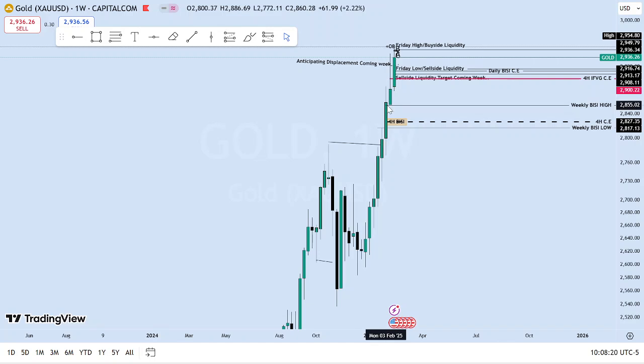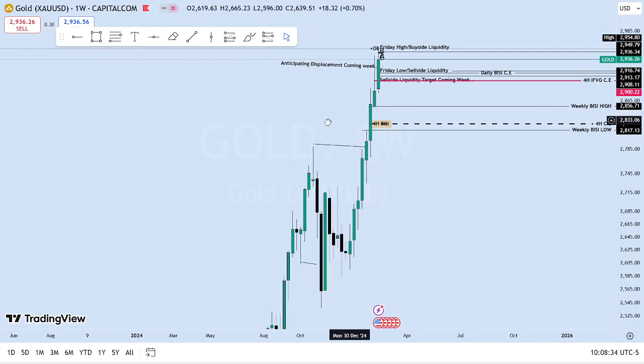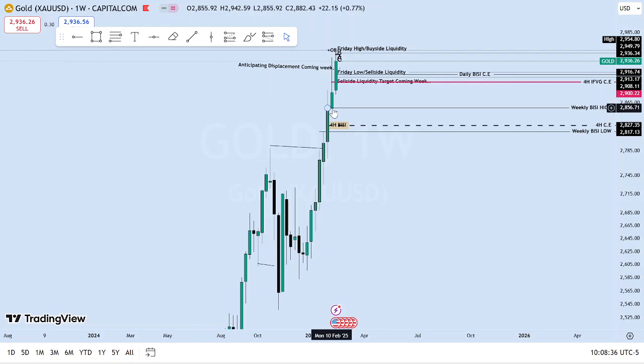So between the low of it at the body and the high of this candle, 27th January, there's a fair value gap and inefficiency. It's a void between the low of this candle and the high.